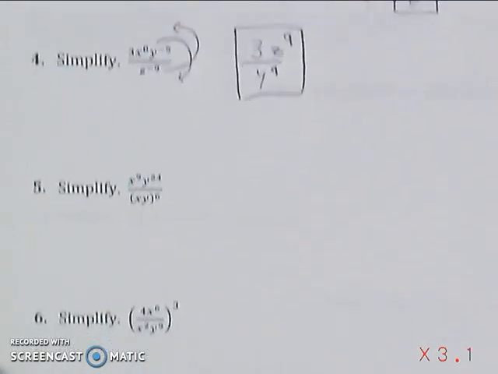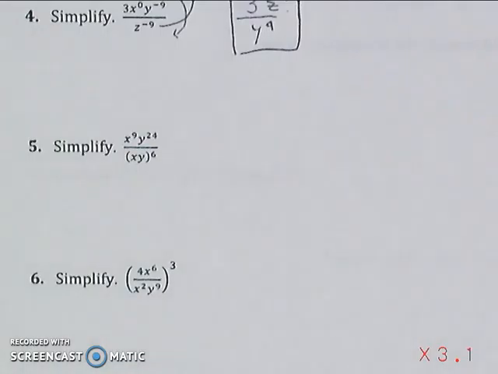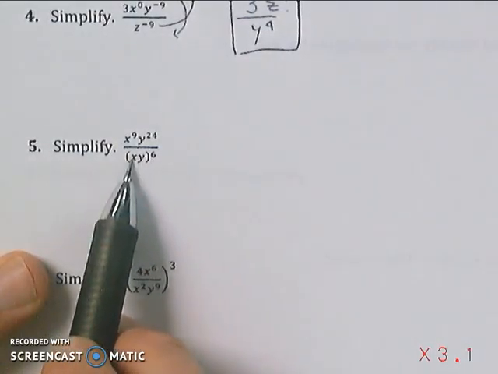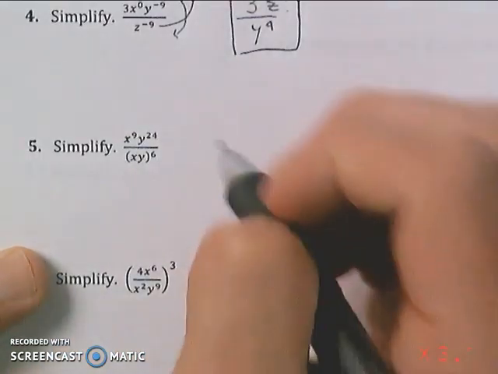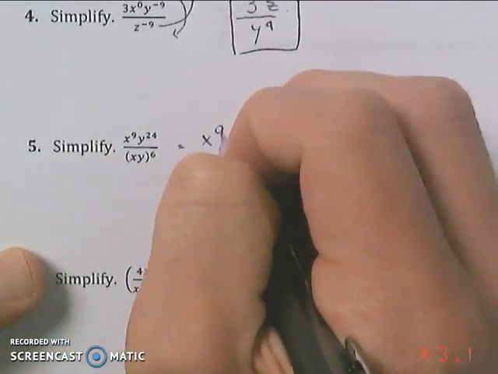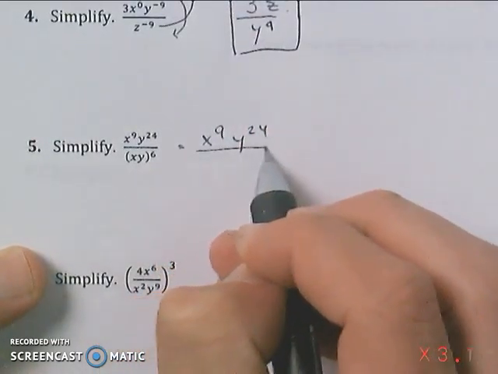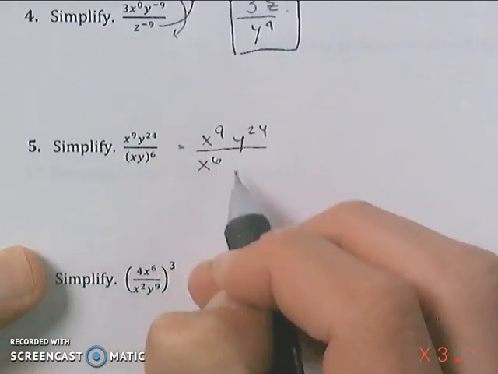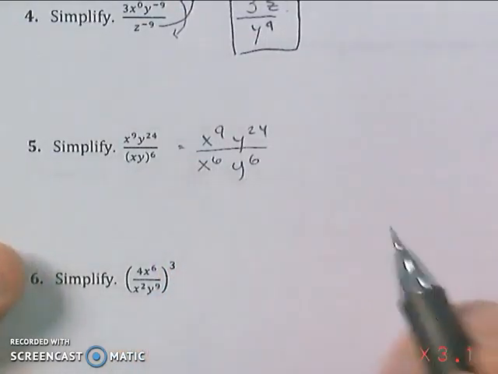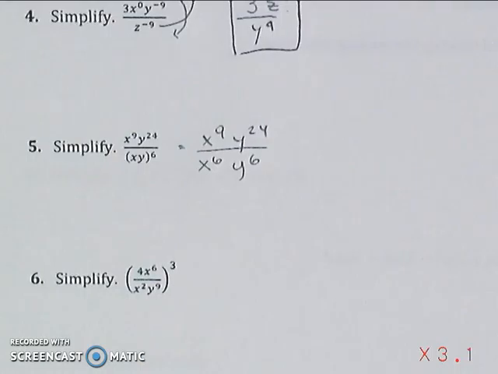Number 5. Okay. Number 5, we have no negative exponents, so we don't have to do any moving up and down between the numerator and the denominator, but I do see to the 6th power here, so I'm going to distribute the 6 in. So we're going to get x to the 9th power and y to the 24th power all over x to the 6th power, y to the 6th power. Because we have exponents on the bottom, this becomes our quotient rule.